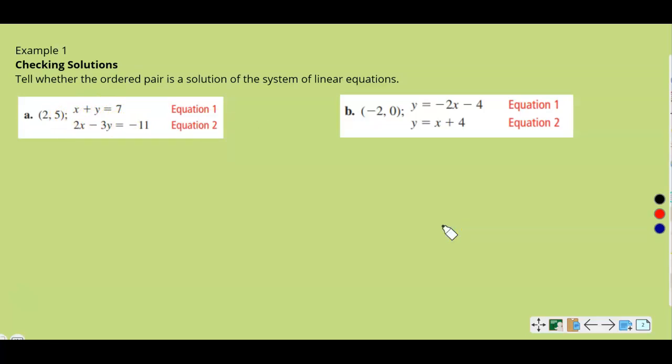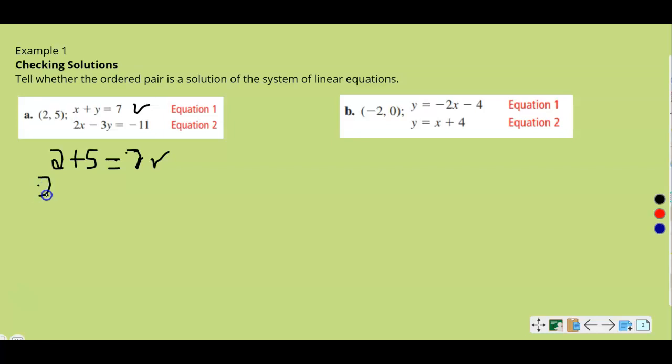So the first equation says x plus y, so my x is 2 plus 5. Does that equal 7? And yes, that does. So (2, 5) is a solution for the first equation.